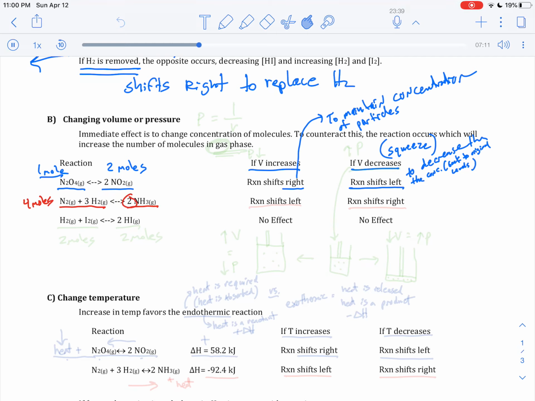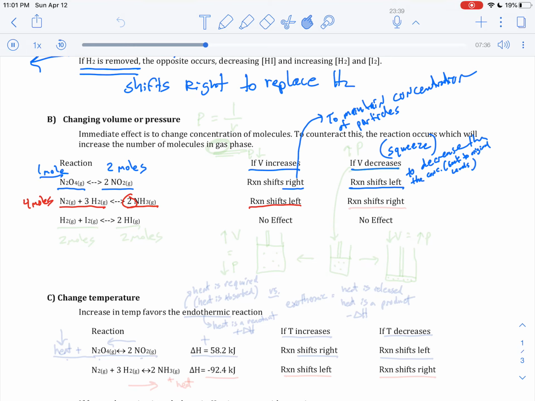If we increase the volume, then we're giving it too much space. We need to maintain the same concentration, so we have to make more moles. This reaction shifts to the left because it needs to make more moles of particles to fill all this new extra space.